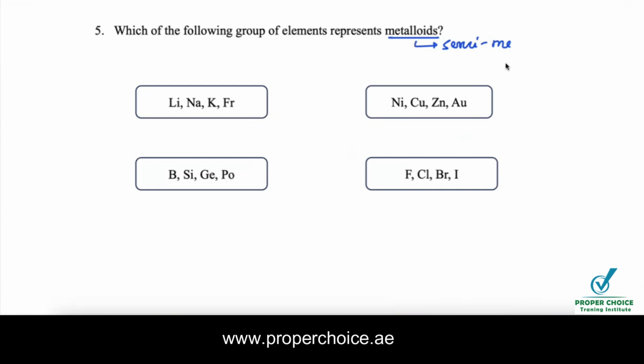Example, silicon. Silicon is a metalloid or semi-metal. Why am I saying so? Silicon is shiny like a metal and brittle like a non-metal. It means it shines like a metal, but it can be easily broken. So such elements are called metalloids, and they generally separate metal and non-metal on the periodic table.